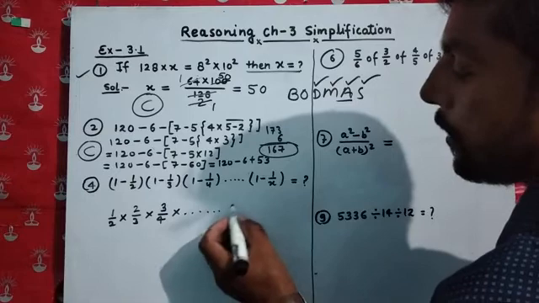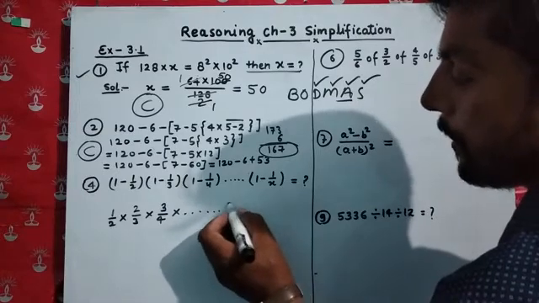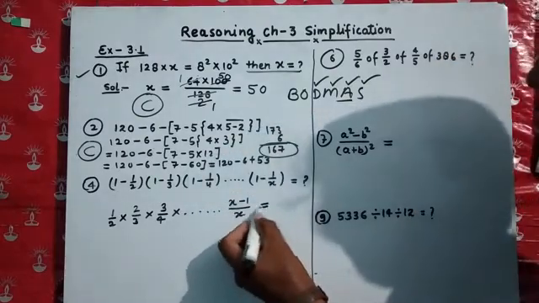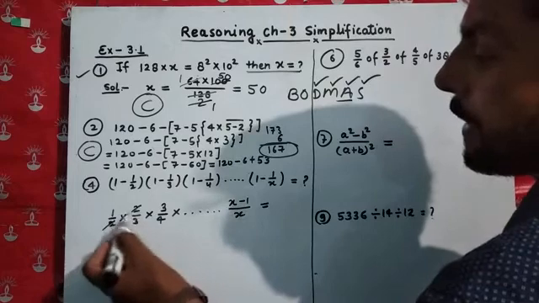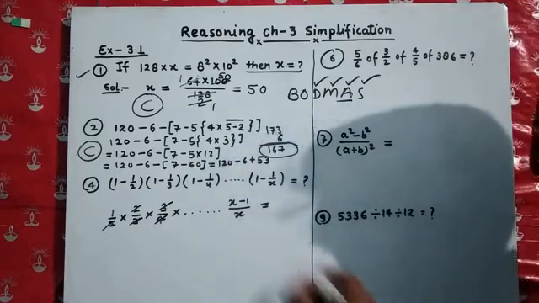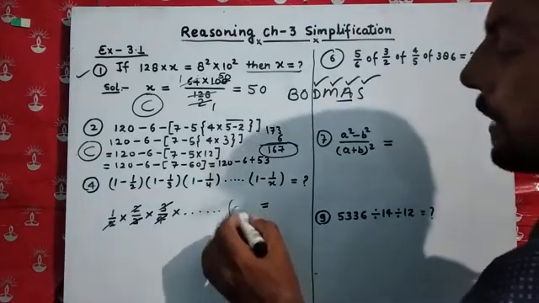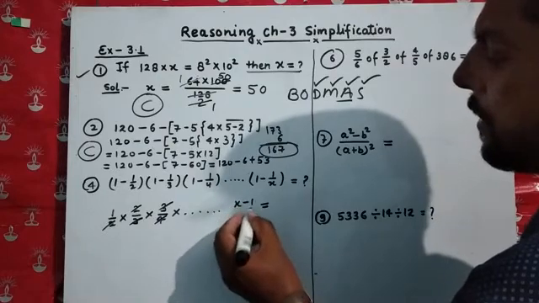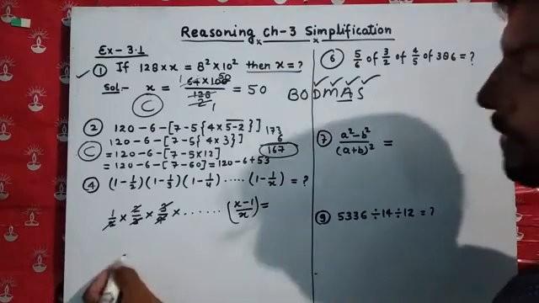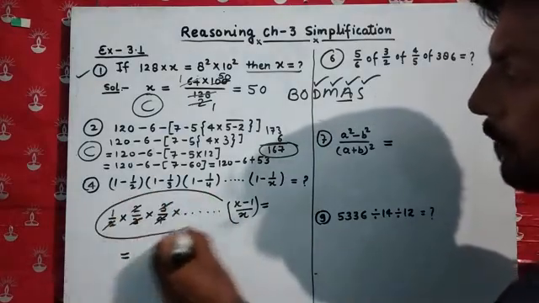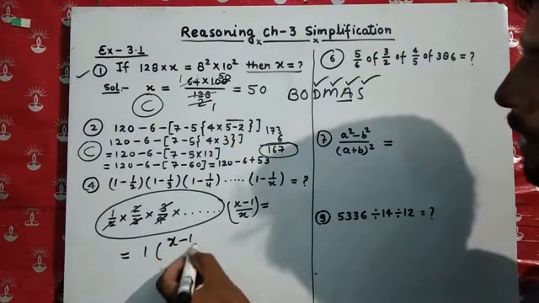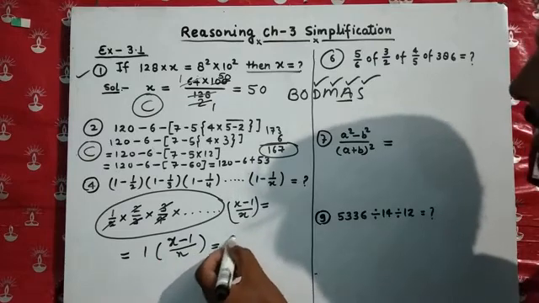This will be continued until we get x minus 1 upon x. Simply, every time we get that these terms are going to reduce. All the terms will be reduced. So we can write this step like this, which is also correct. It will be multiplied, and then we get the result that the whole thing is 1, multiplied with x minus 1 upon x.